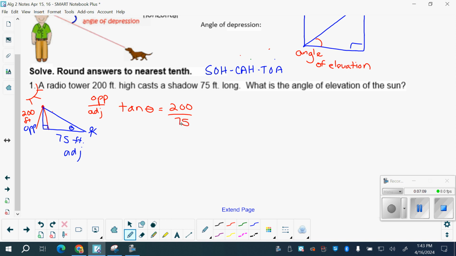How do we find out what that angle of elevation is? That's right, we have to do the inverse. So we're going to do tangent inverse. Theta is going to be equal to the tangent inverse of 200 over 75.